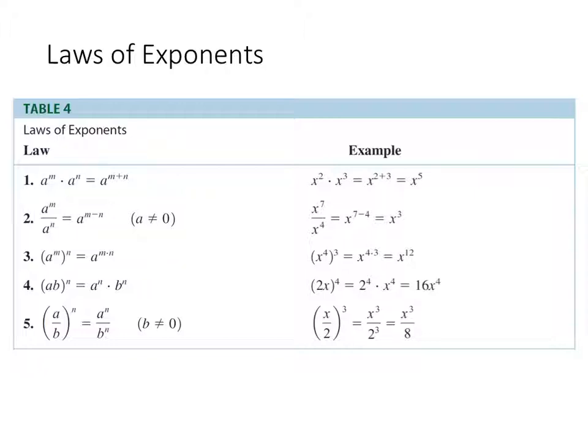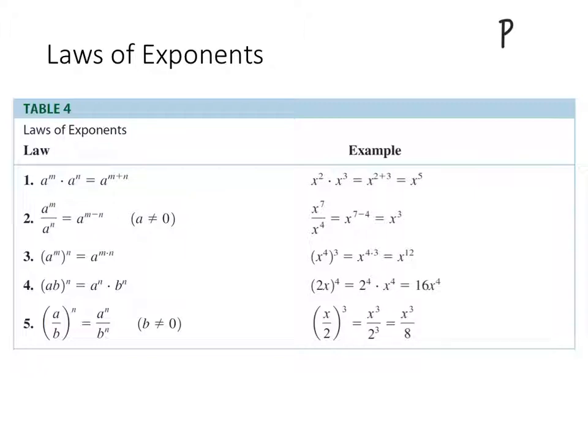A few laws of exponents. If we multiply two things with the same base, right, a is the base, we will add their exponents. For example, x squared times x cubed is x to the 2 plus 3, which is x to the 5th. As long as a is not 0, a to the m divided by a to the n will subtract. And it's kind of handy if you use the order of operations.